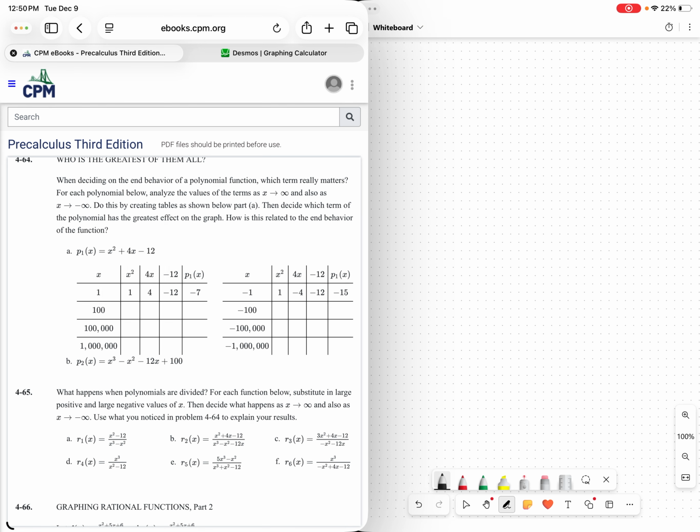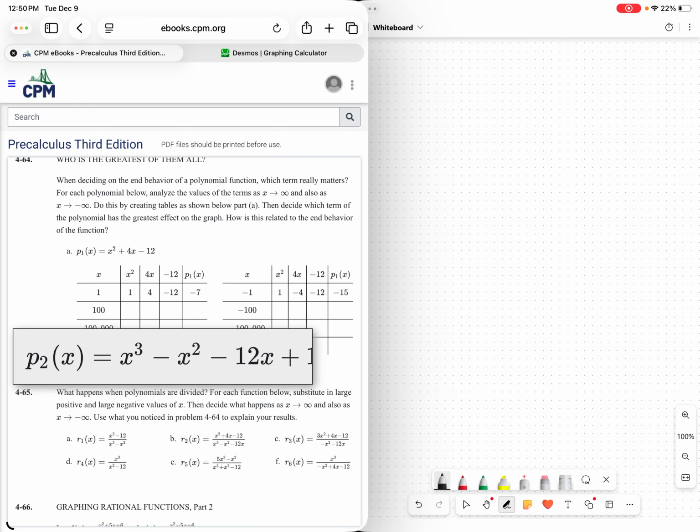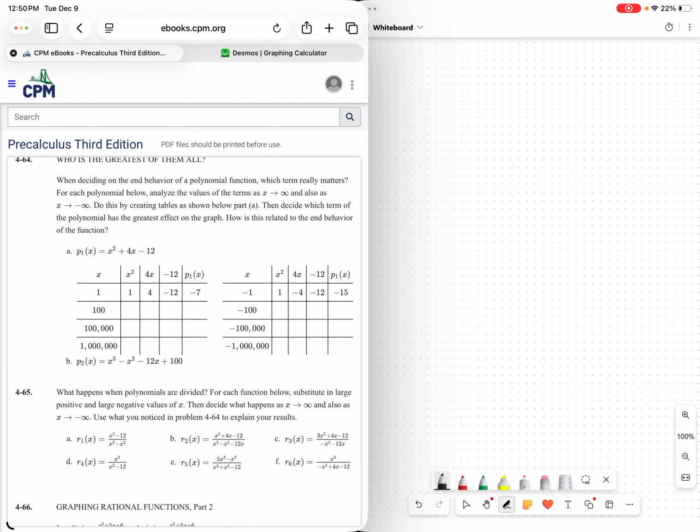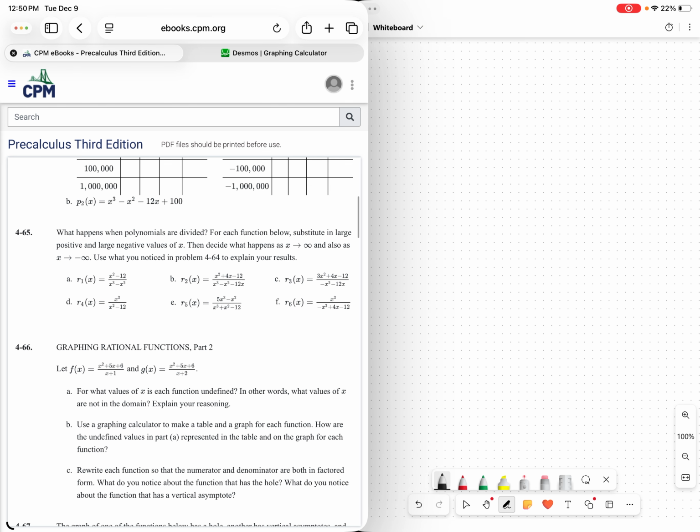And then the same over here, right? Even if it's negative and we square it, it's still going to get really, really large. Whereas just times 4 or that negative 12 is not going to affect it as much. So what we learn from this, even in this function here, is that the largest degree or the largest exponent is the term that's going to affect the graph the most. So we're talking about x cubed there being the term that affects it.